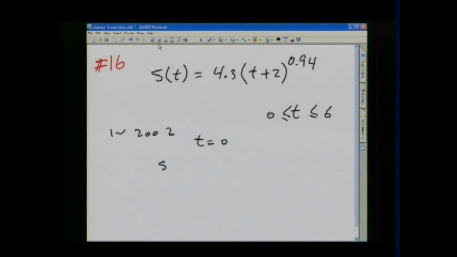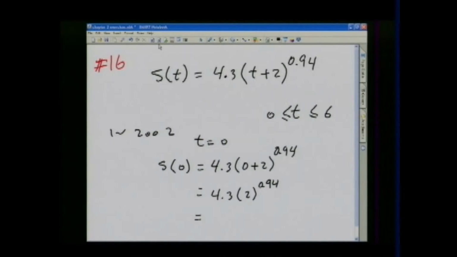So S of 0 equals 4.3 times 0 plus 2 to the 0.94, which is equal to 4.3 times 2 to the 0.94, which is approximately 8.25 billion dollars.